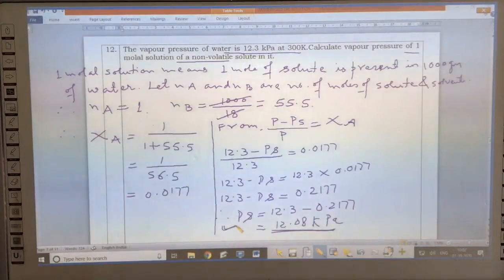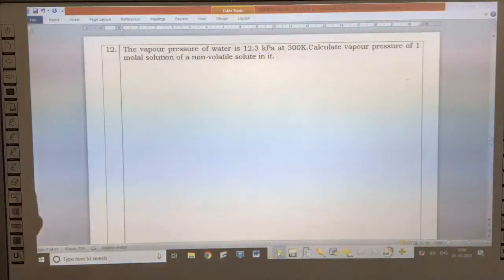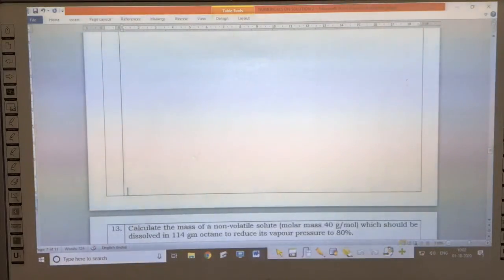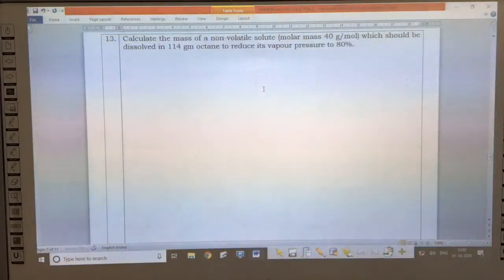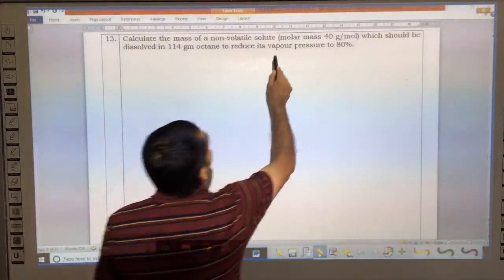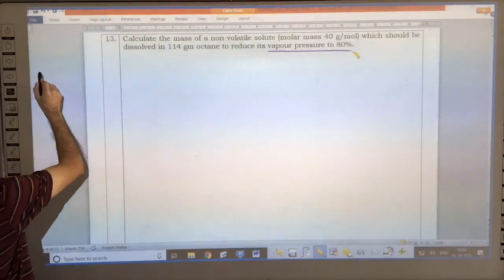Okay. Now let us see last numerical for the day. Calculate the mass of a non-volatile solute, molar mass given, which should be dissolved. Vapor pressure reduced to 80%. Let us solve it.